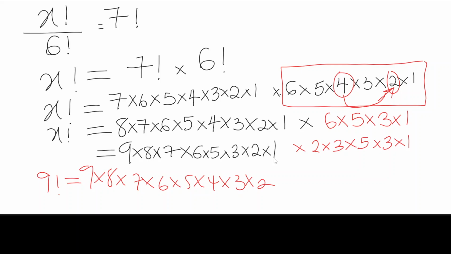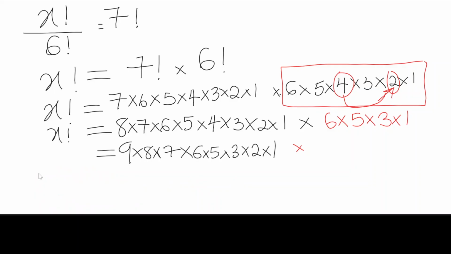So let's quickly get that done. Multiplied by 2 times 5, then times 1. And of course, I believe you know that 2 times 5 times 1 is 10. So I'm not going to be writing 2 times 5 times 1.